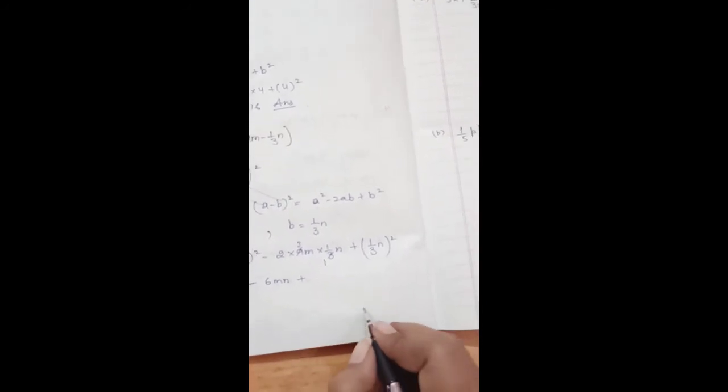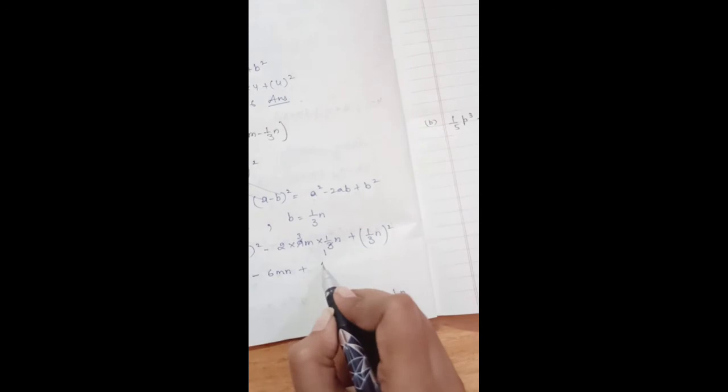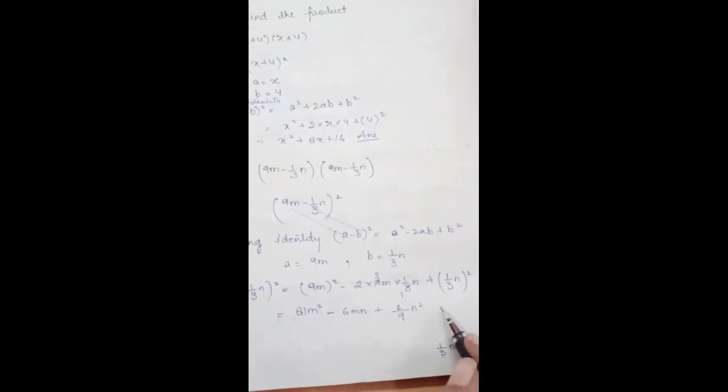See here. 1 upon 3n multiplied by 1 upon 3n. Right? It means 1 1s are 1. 3 3s are 9. And n multiplied by n is n square. Clear? So this is our required answer.